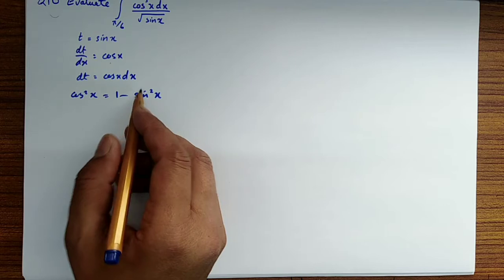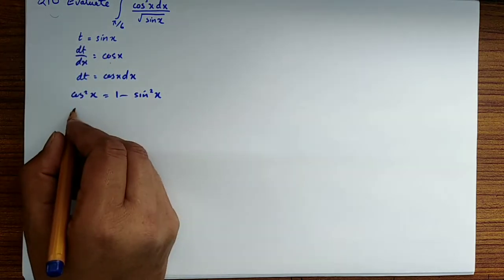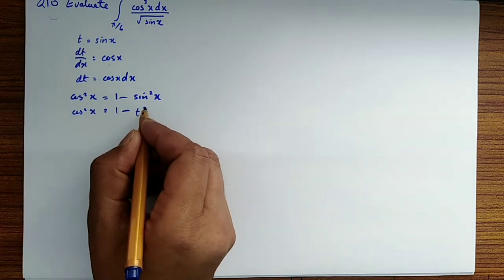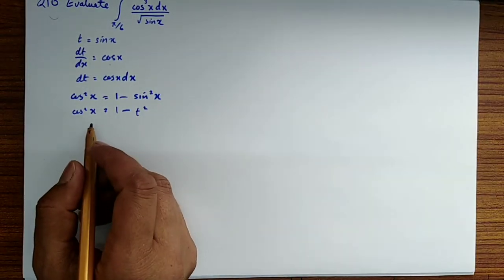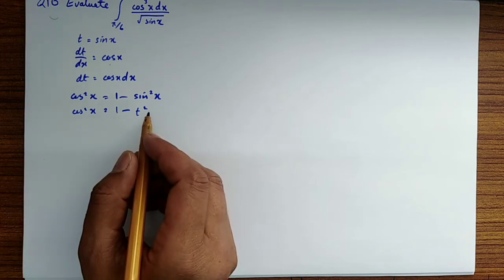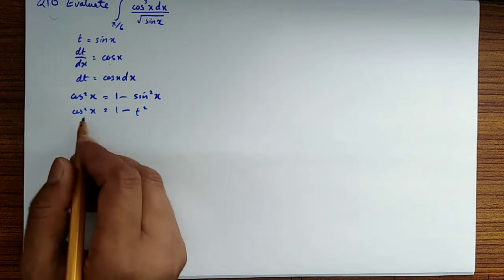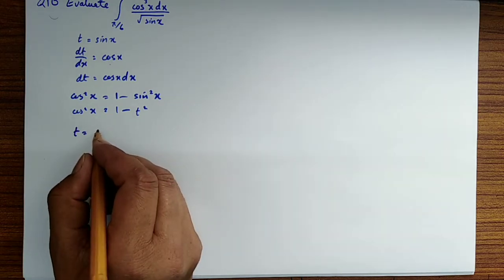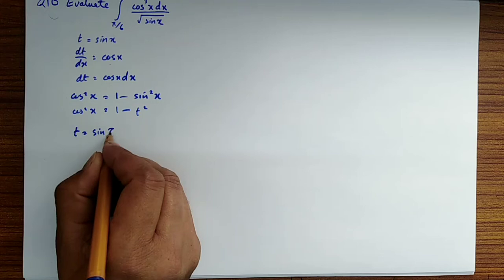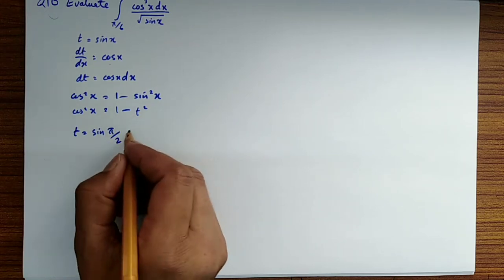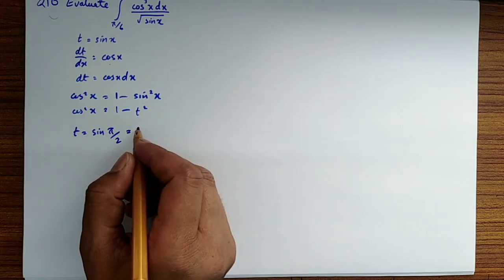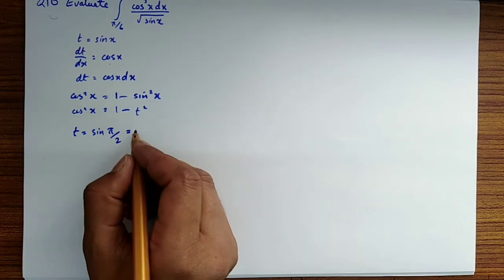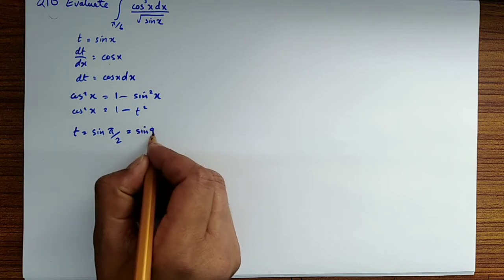I have supposed that t equals sine x, so I can now write cos square x equal to 1 minus t square, right? Now changing the limits, t equals sine pi upon 2, which gives sine 90, that is 1.